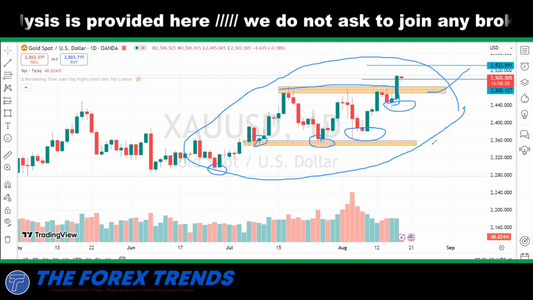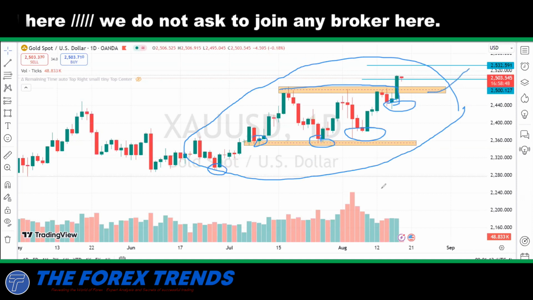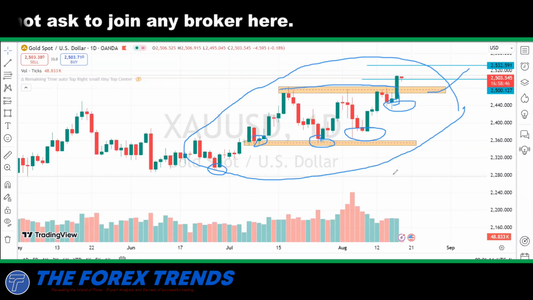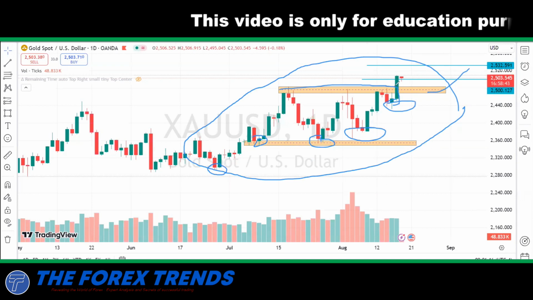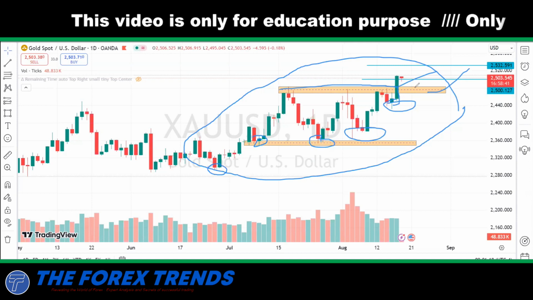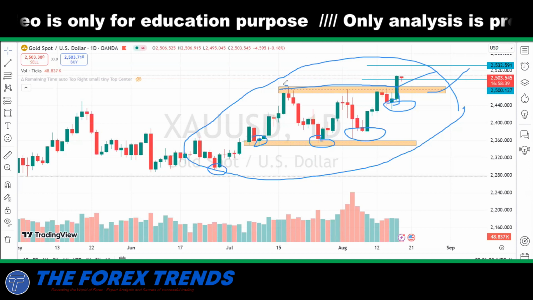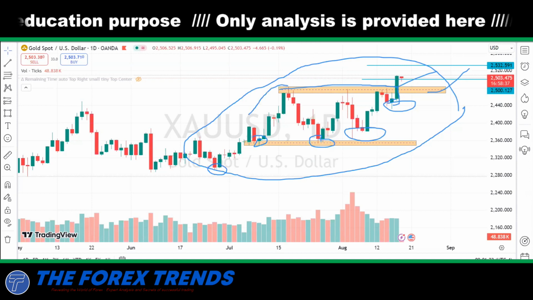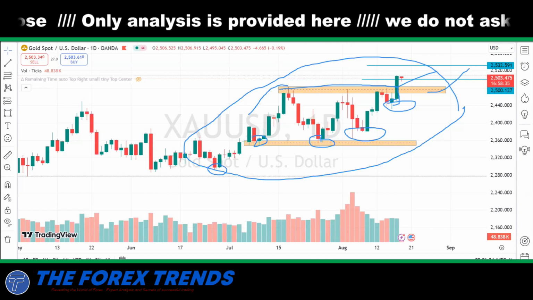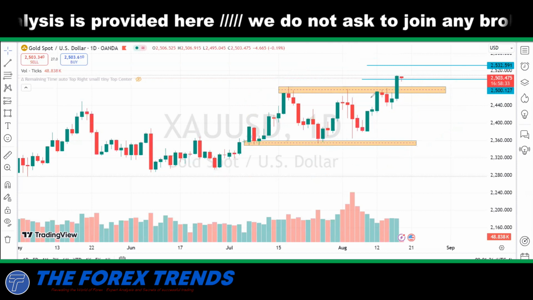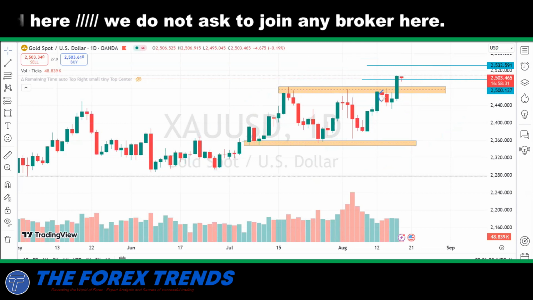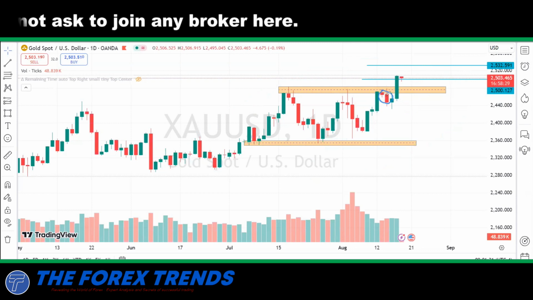And last Friday, a very good Marubozu candle broke this resistance as per the pattern. So after this breakout, now we have this area to initiate the bullish trend.